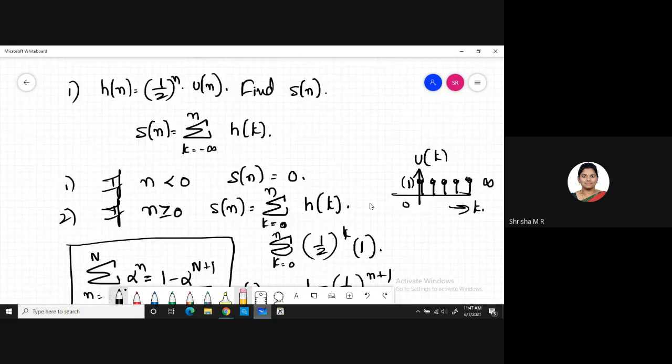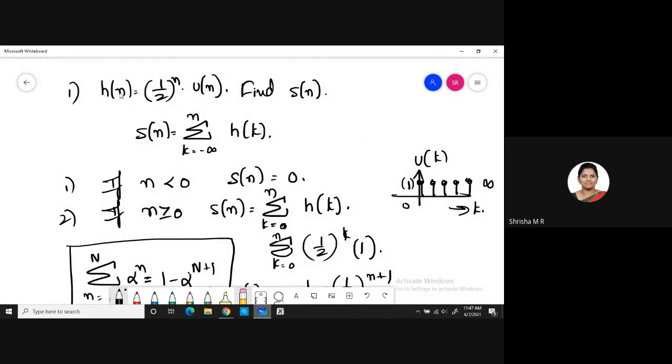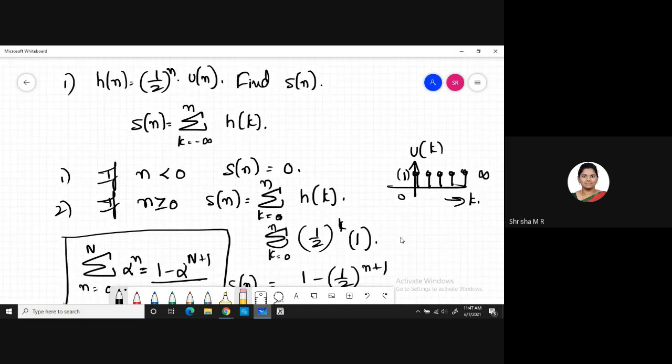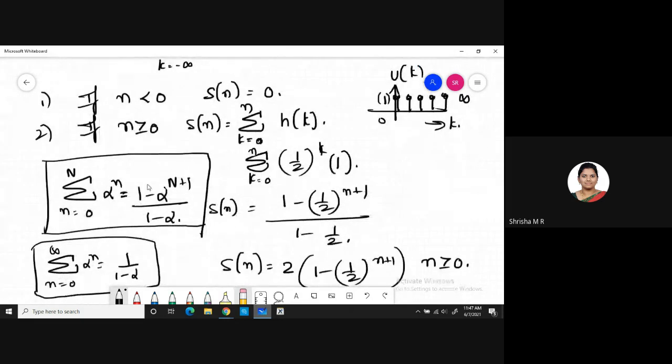So h of k is nothing but h of n, you are replacing n with k. You have half to the power of k into u of k. U of k amplitude is 1, so put 1. So summation k is equal to 0 to n half to the power of k you have. This is of this form: summation n is equal to 0 to N, alpha to the power of n is 1 minus alpha to the power of N plus 1 by 1 minus alpha.